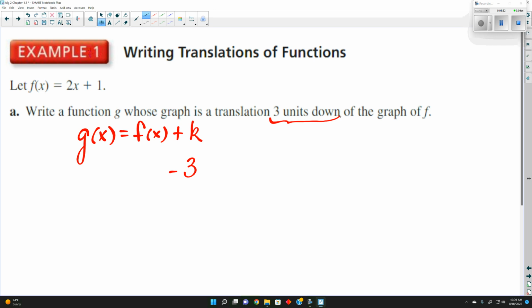And for this here, we don't have to really think of it as opposite, especially for left and right. Because if it's going to the left, it's minus. We'll plug it in as a minus. Because for our horizontal translation, put this up here.